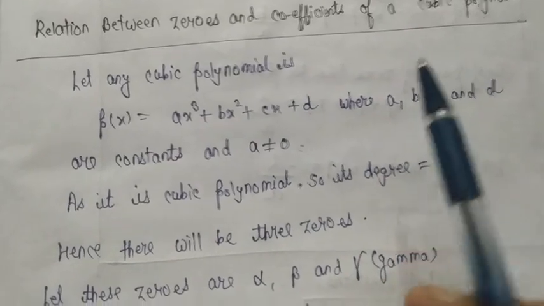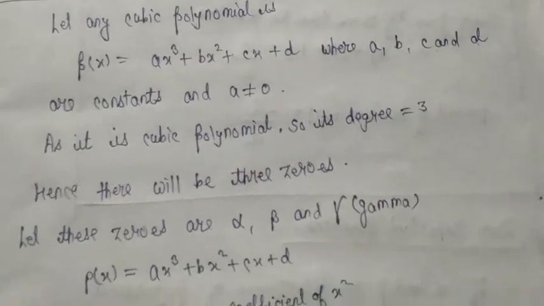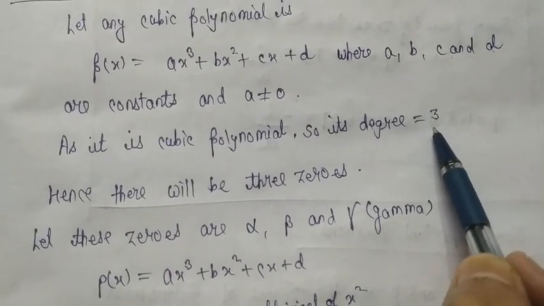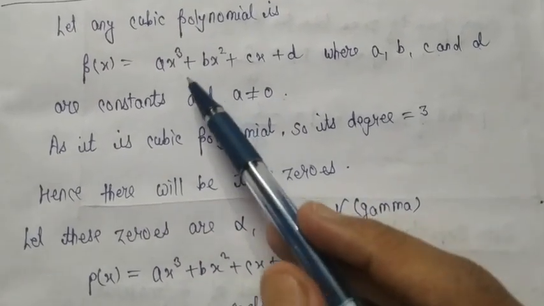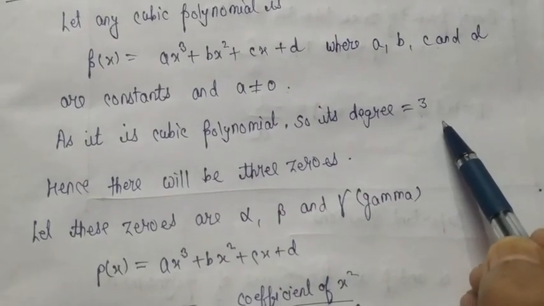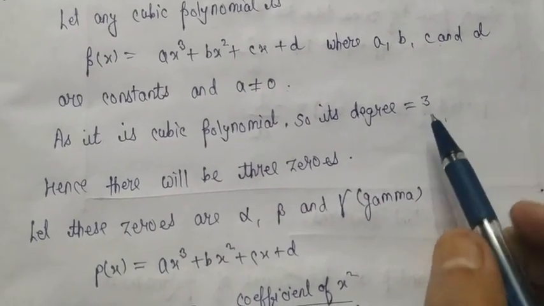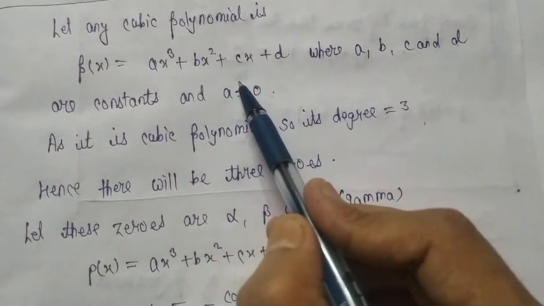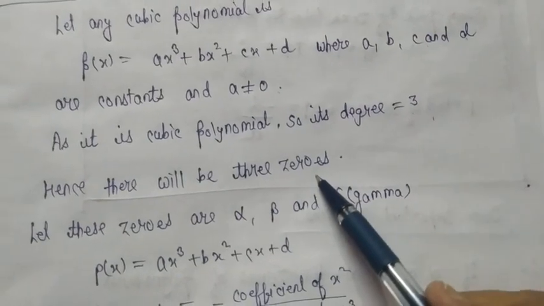Okay, see, it is a cubic polynomial, then its degree will be 3. Obviously, the maximum power is 3, so the degree will be 3. And if the degree is 3, it means that in a cubic polynomial there will be 3 zeros.